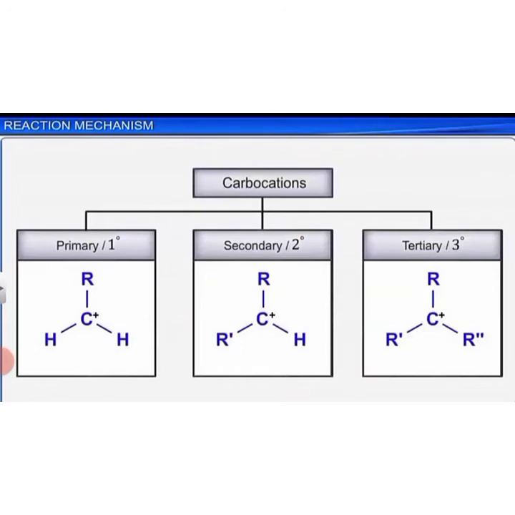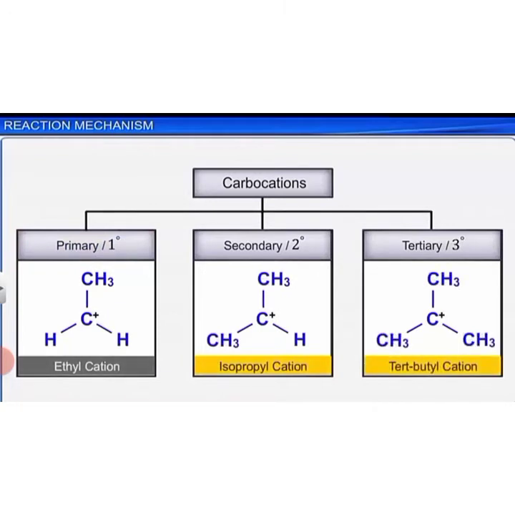Depending on the number of alkyl groups directly attached to the positively charged carbon, carbocations are classified as primary, secondary, and tertiary carbocations. For example, ethyl cation is a primary carbocation, while isopropyl carbocation and tert-butyl carbocation are secondary and tertiary carbocations respectively.